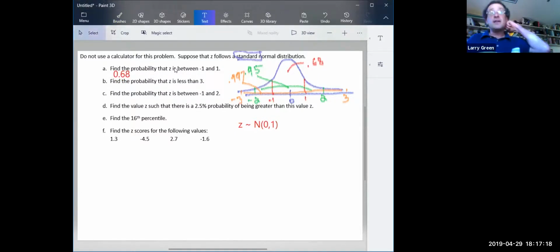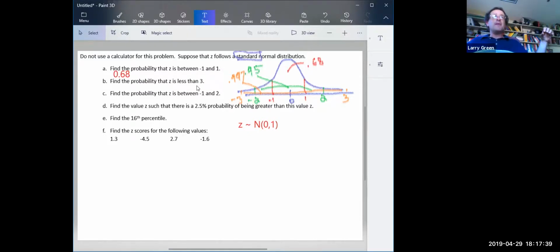Any questions on that? Okay, what's the probability that it's less than 3? Well, to find the probability that it's less than 3, we know that in between -3 and 3 is 0.997. What is the whole area?